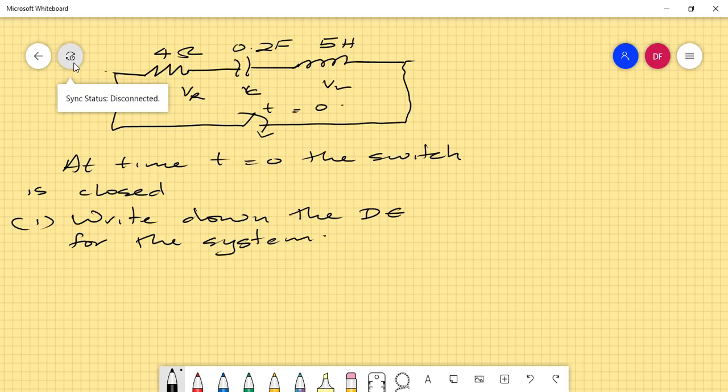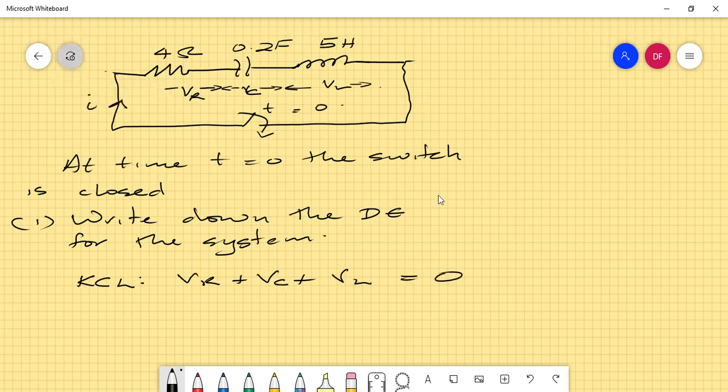What do you know about the voltage across the resistor, the capacitor, and the inductor? The algebraic sum is equal to 0, sir. Yeah. So the algebraic sum is equal to 0.